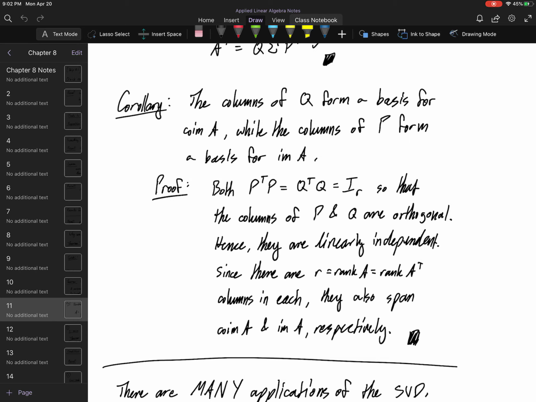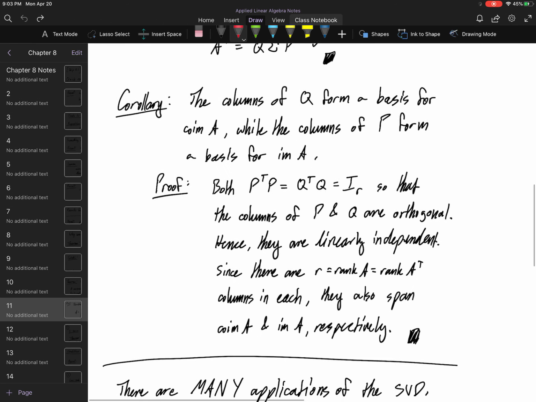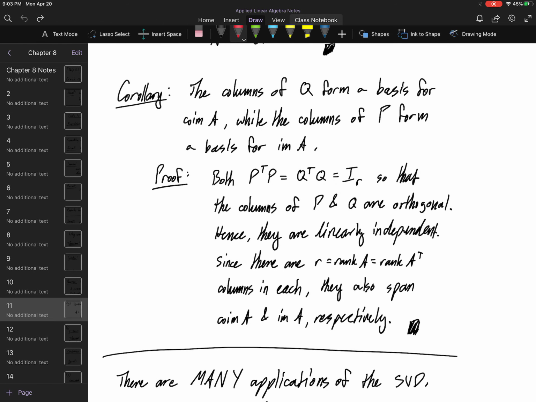So if I'm going to give you a proof of concept, note that both P transpose P and Q transpose Q must be equal to the r-dimensional identity matrix, where r is the rank of A. Therefore, the columns of P and Q are not only orthogonal, but they are orthonormal. And because there aren't any zero vectors in those columns, these columns are linearly independent.